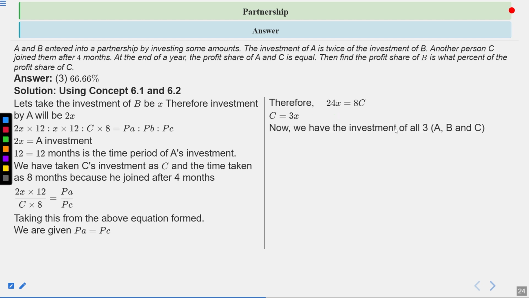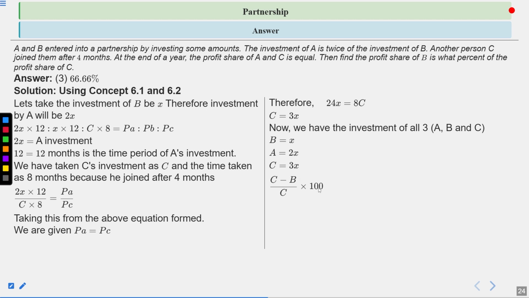So now we have the investment of all three: B equals x, A equals 2x and C equals 3x. Now we can calculate. The profit share will be in the same form. So the profit of B with respect to C, how much is it less?